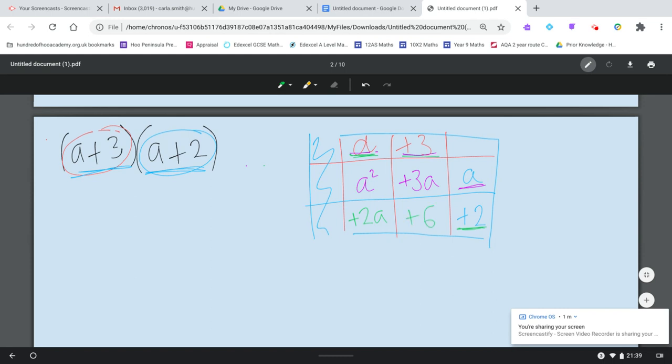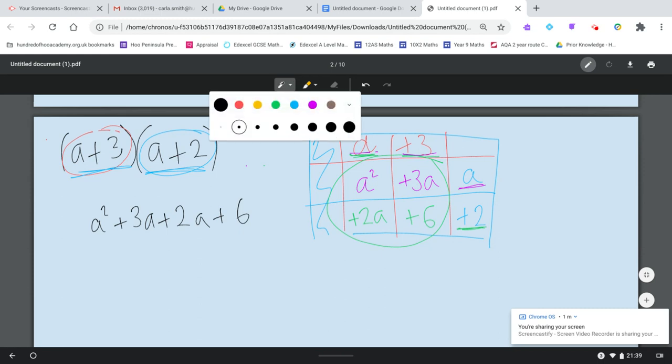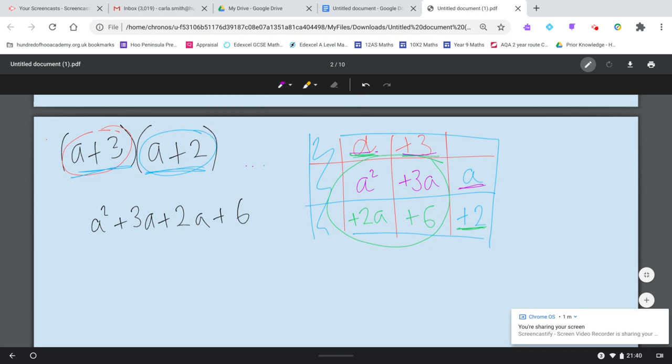So getting these terms in here usually gets you 1 mark out of 2 on a foundation paper. But you need to recognise as well that once you've got all these, so A squared plus 3A plus 2A plus 6, you need to start looking at like terms. So actually, what terms could you add together? So A squared is the only A squared in there at the moment, so that's not going to be able to be added or subtracted to anything else.